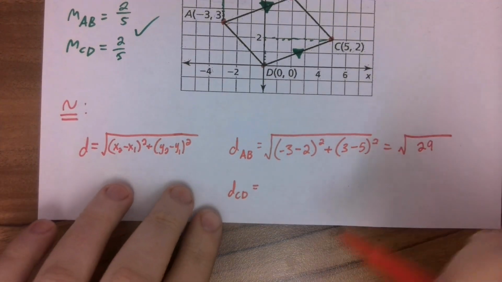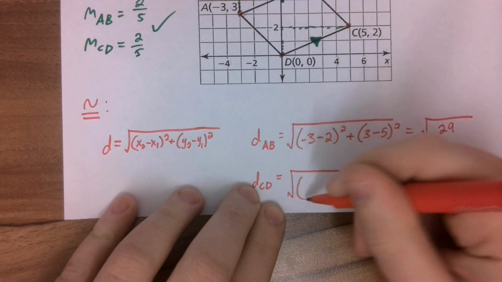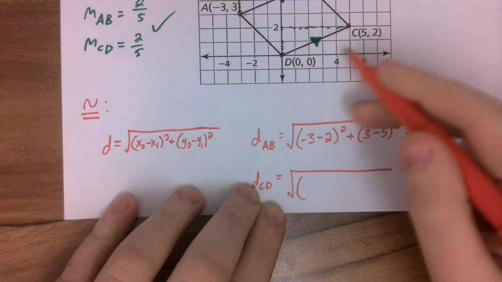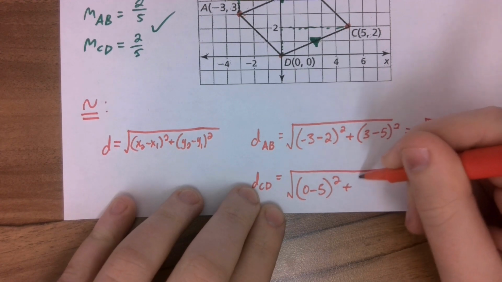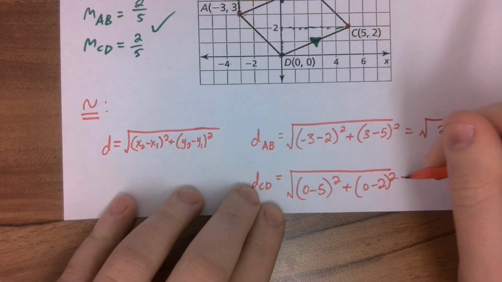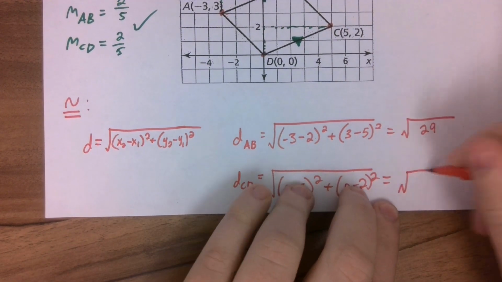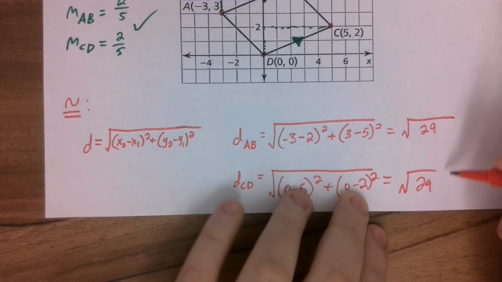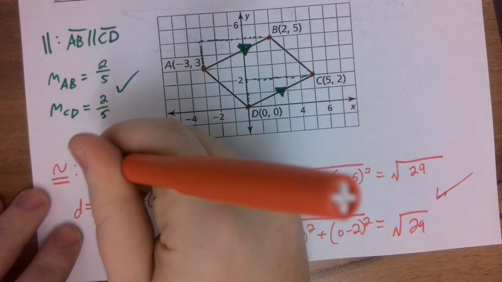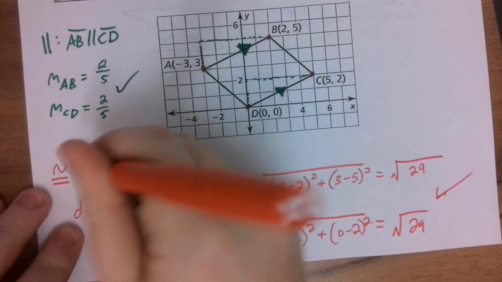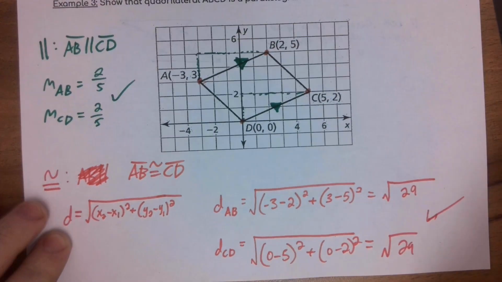Let's do C and D as well. So we repeat the process, take the square root of the two x values. These are a little easier because we have a 0, 0, so it's (0 minus 5) squared plus (0 minus 2) squared. That's 25, that's 4. Hey, square root of 29, they're the same. That means that AB, whoops, don't want to say parallel, AB is congruent to CD.